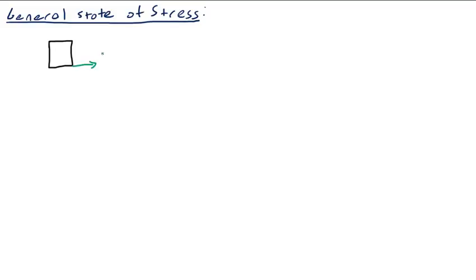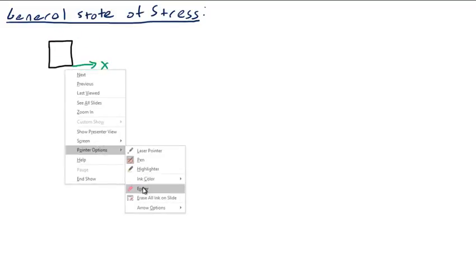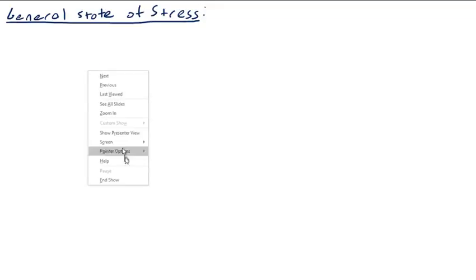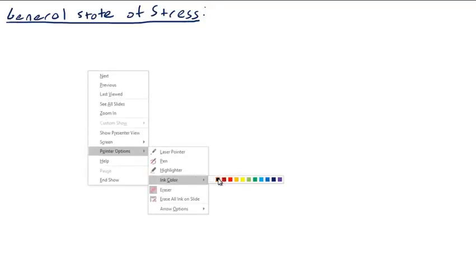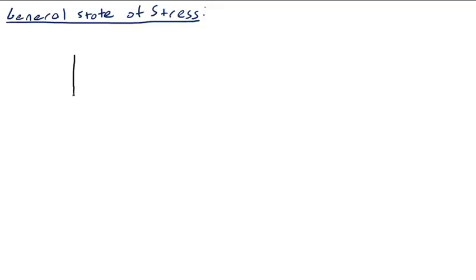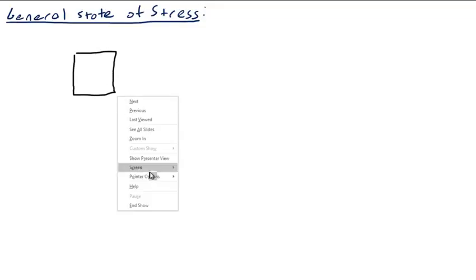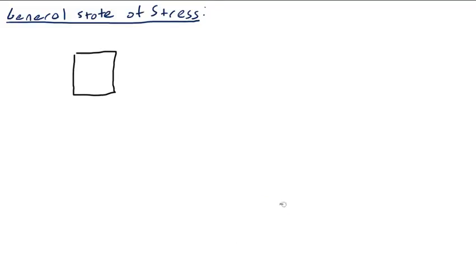So I will have the x and y axis here. I'm going to make this a little bit bigger, because I think this is going to be a little cramped. I'm going to have my local x and y axis.